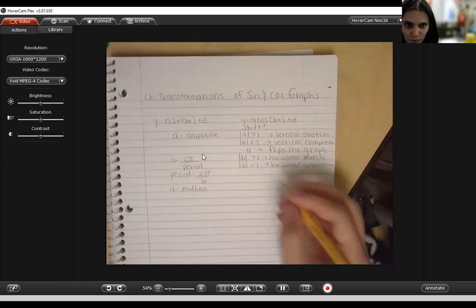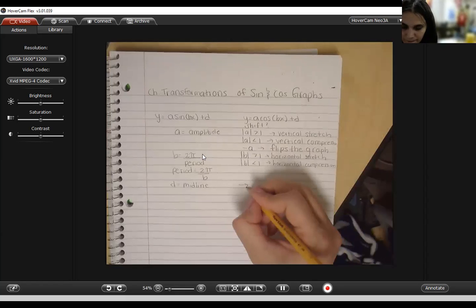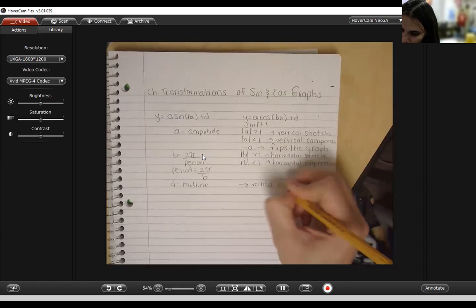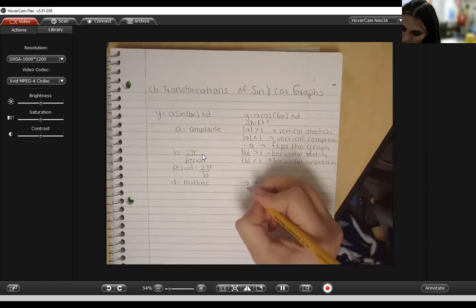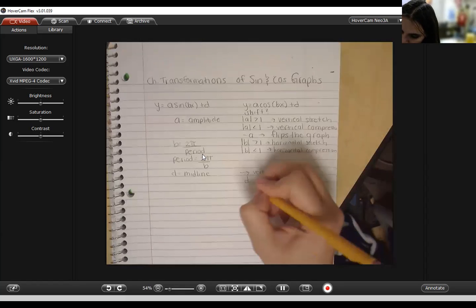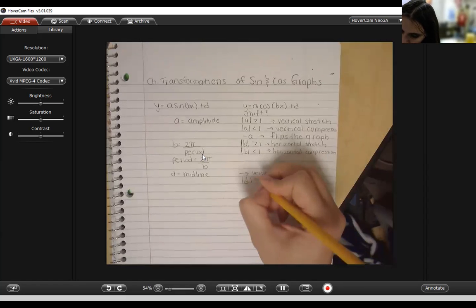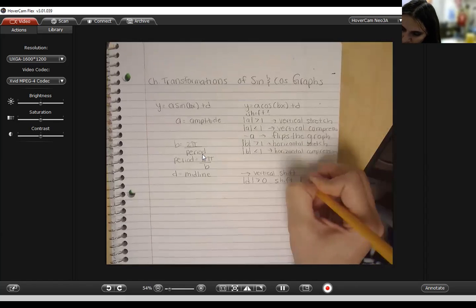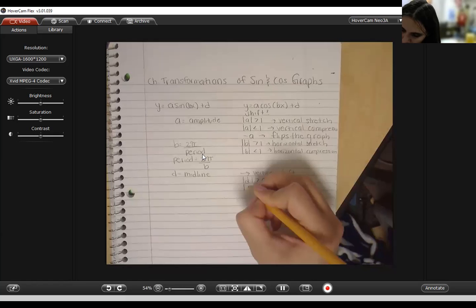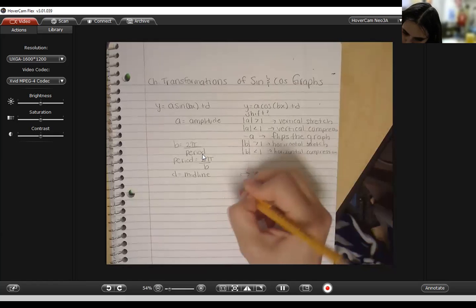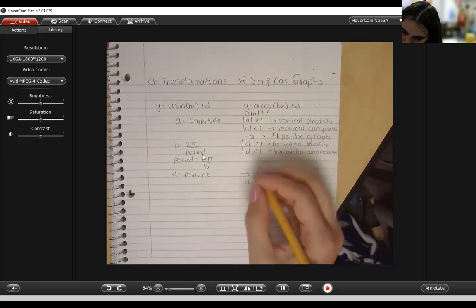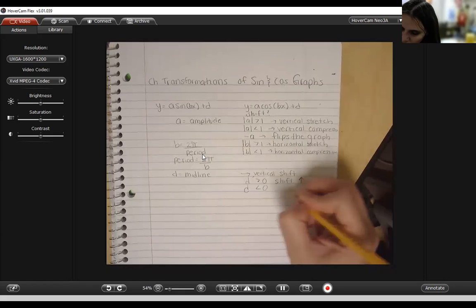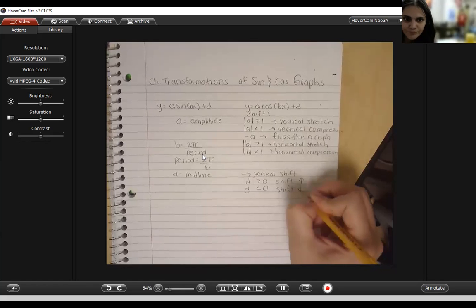Another way to look at it is the vertical shift. If D is greater than 0, you will shift up by that many. And a negative D value, D less than 0, will shift it down by that many.